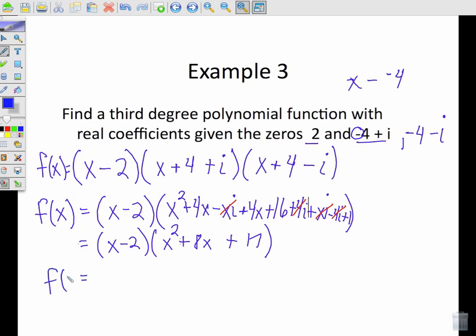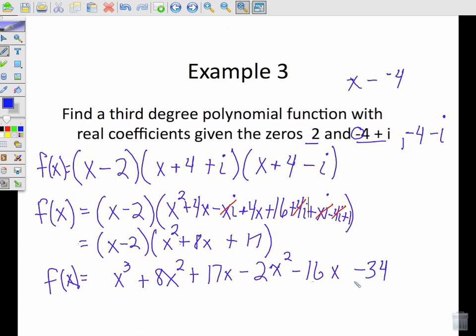All right, now last step would be to distribute the last two expressions. So my function f of x equals, you've got x times x squared, which is x to the third, plus 8x squared, plus 17x, minus 2x squared, minus 16x, and then minus 34.